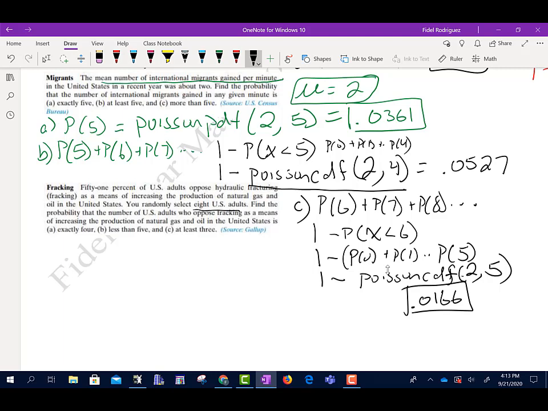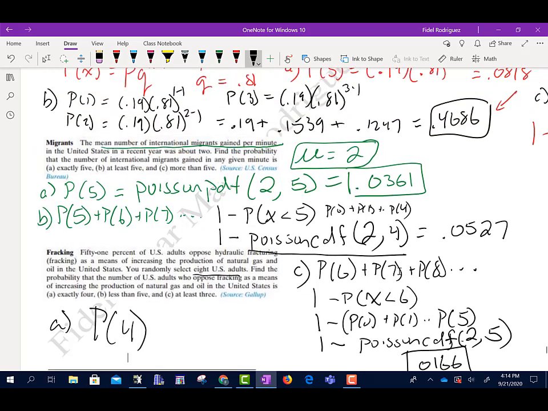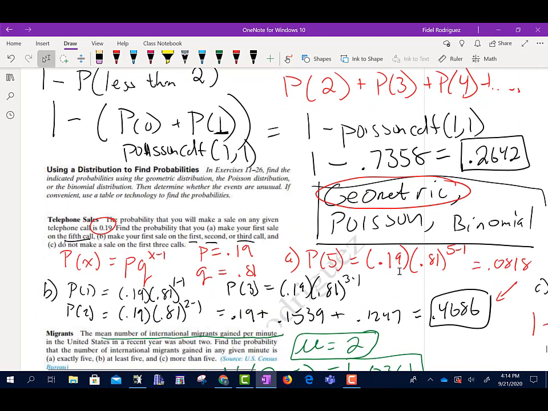Find the probability that the number of U.S. adults who oppose fracking as a means of increasing production of natural gas and oil is A, exactly 4. Okay, so we're looking for the probability it's going to be exactly 4. Okay, so we're going to figure out what kind of distribution this is going to be. Remember we already picked geometric. We've already used Poisson, so now this is going to be binomial.